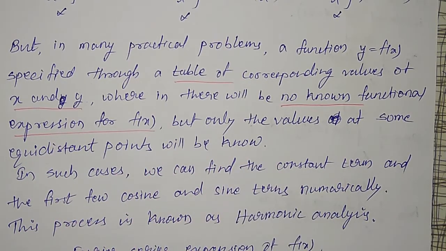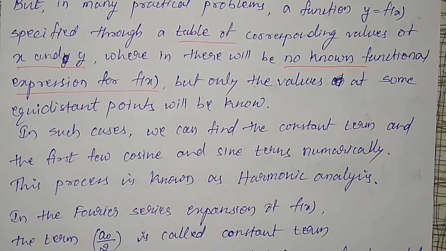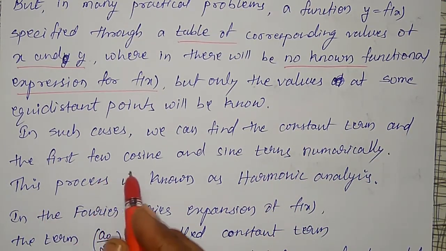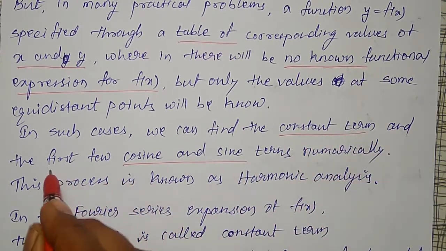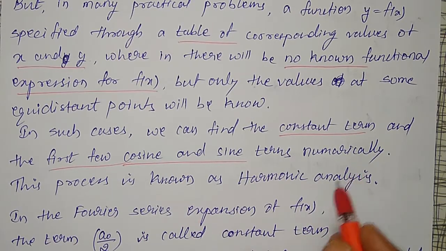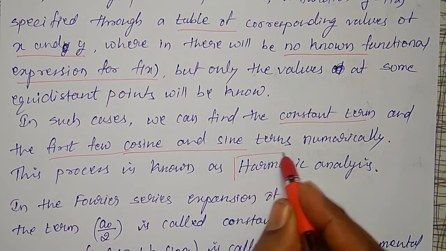X is equidistantly displaced, and the corresponding y values will be known. In such cases, we can find the constant term and the first few cosine and sine terms numerically. This process of finding the constant term and the first few cosine and sine terms numerically is known as harmonic analysis.